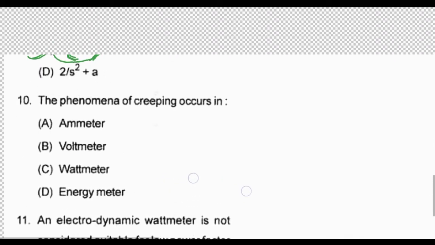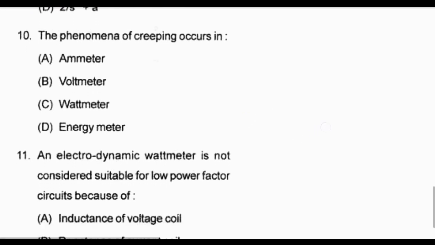The phenomenon of creeping occurs in the energy meter. So what is creeping? In an energy meter an aluminum disc is provided which rotates continuously to record the energy consumption, because the energy meter is an integrating type of instrument.